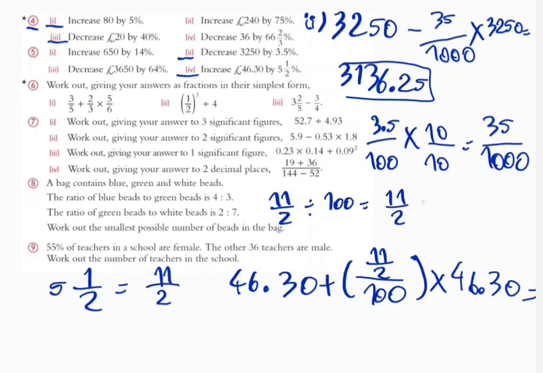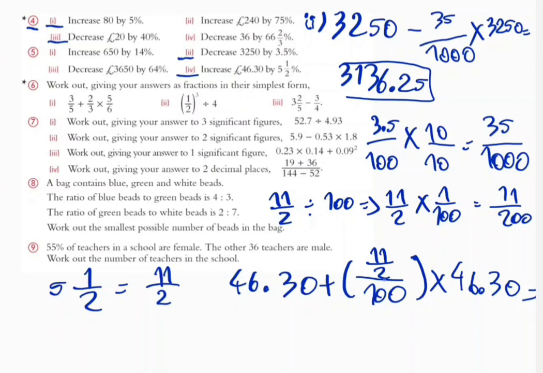That is equal to 11 over 2 times 1 over 100, because whenever you are dividing, it can be changed to multiplication, and then you use the reciprocal of your second fraction. Reciprocal just means 1 over that number. So the reciprocal of 100 is 1 over 100. This is equal to 11 over 200.